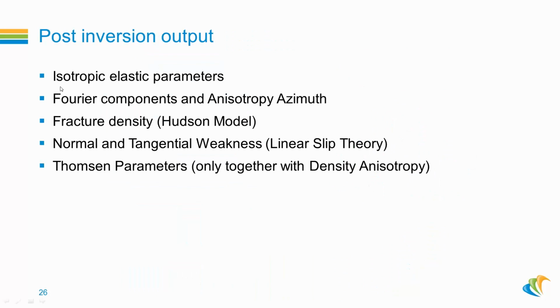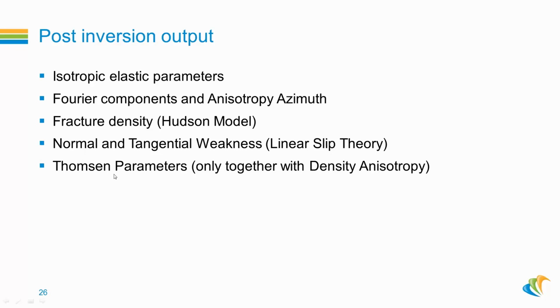As a post-inversion output from this elastic volume evaluation, we can output the isotropic elastic parameters, because we know what the isotropy plane is. We know what those isotropic parameters are. We output the Fourier coefficients and the anisotropy azimuth. If you assume the Hudson model, you can output fracture density, and if you assume linear slip theory, you can output normal and tangential weakness.